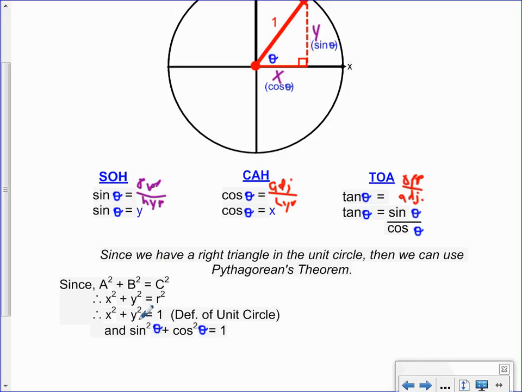So the big trig thing, this is like the Bible of trig right here in one sentence, is that sine squared plus cosine squared always equals 1. Right? And that's just based on the Pythagorean theorem.